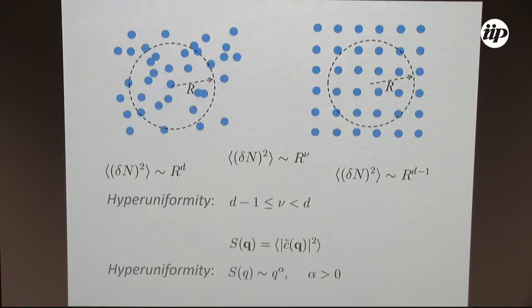In such a case of a disordered material like a fluid, the structure factor decays to a constant as Q goes to 0. As I go to larger and larger length scales, I saturate to a constant. And in hyperuniform systems, it goes to 0 as Q goes to 0. So there is Q to some power alpha, such that when I go to larger and larger scales, the density fluctuations are suppressed, such that the structure factor vanishes.